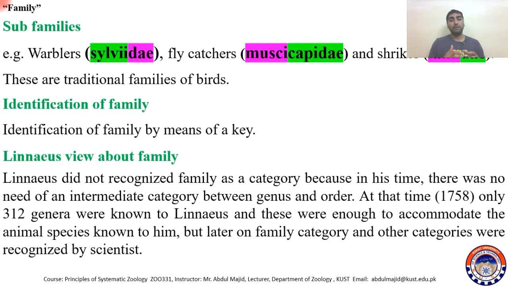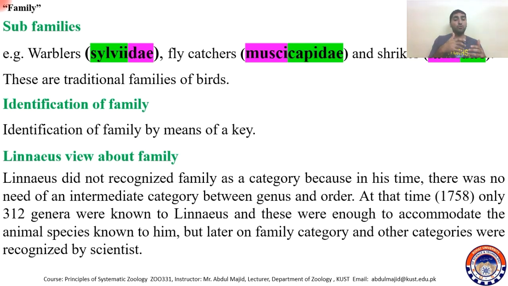But later on, day by day, as the pace sped up, genera were added, species were added, and many other organisms were identified.